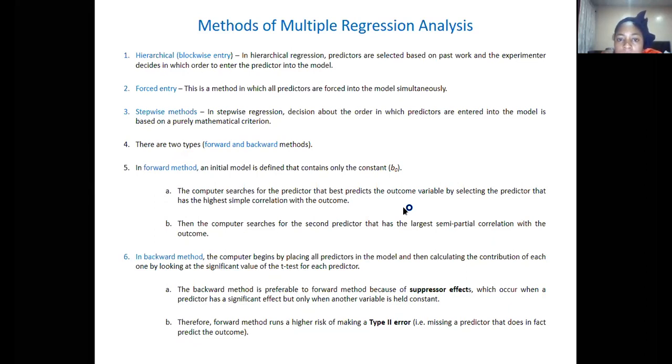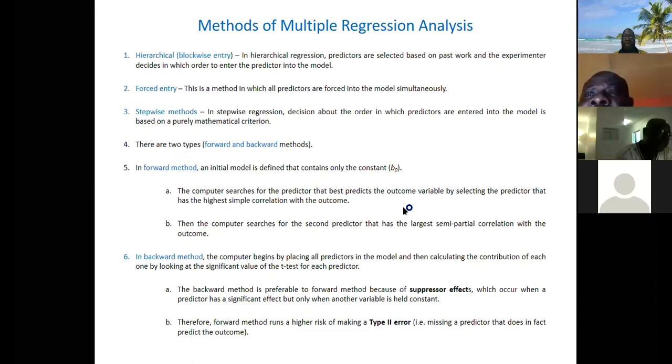That's what we did for your first entry. Then you have the stepwise method. That stepwise method can be backward or forward.